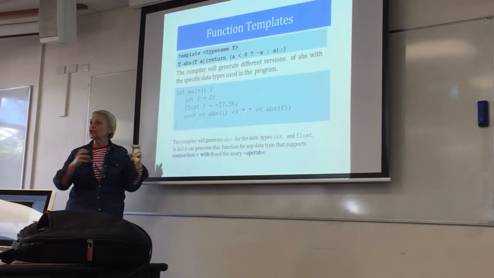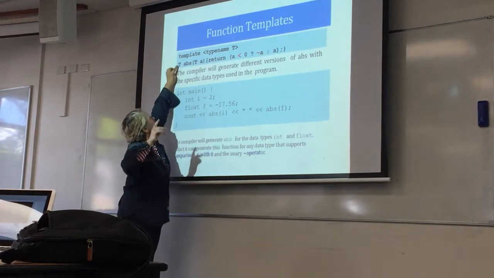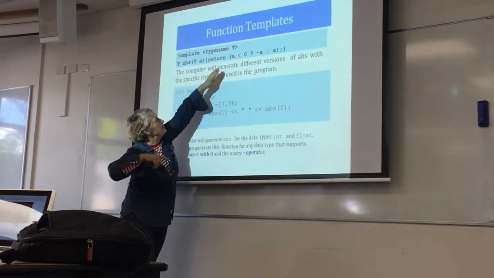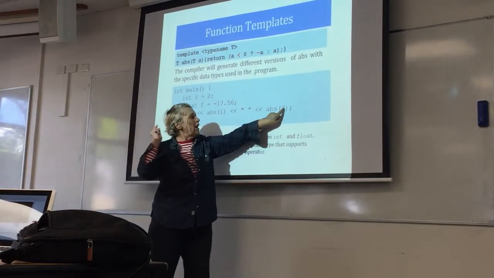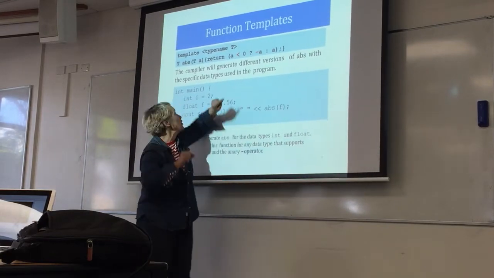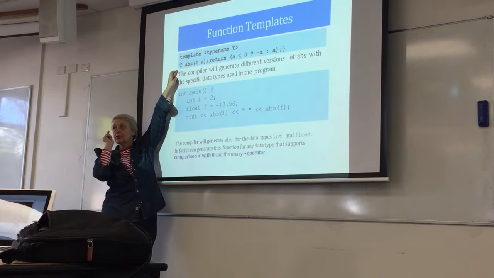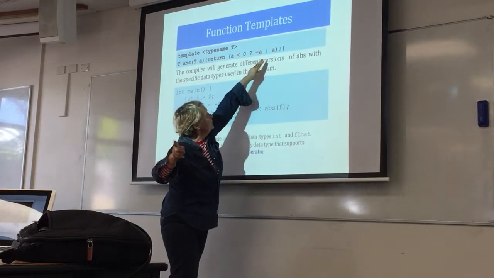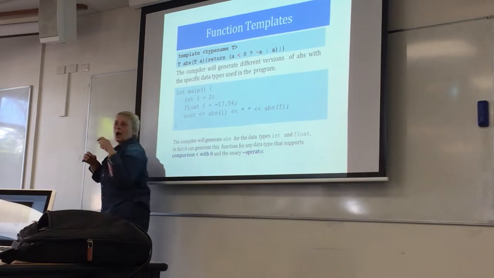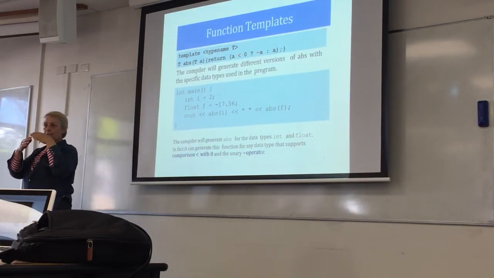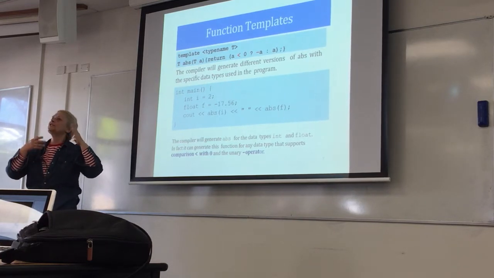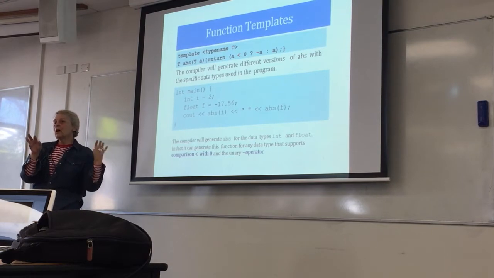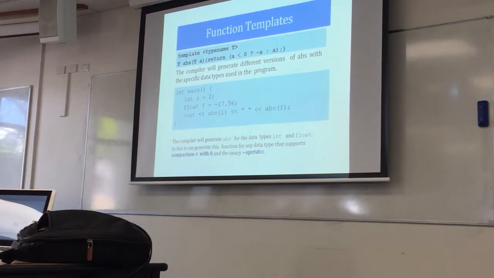It creates the function copying, instead of T, int, abs, and so on, and then performs the evaluation of this function. Then for the float it creates the function at compilation time, float abs, float this, and then evaluates it. That's why you can imagine there is a lot of code written by the compiler, and this is one downside of using templates: code bloating.